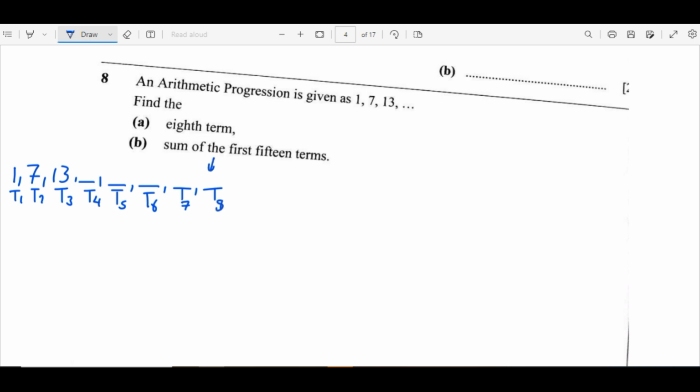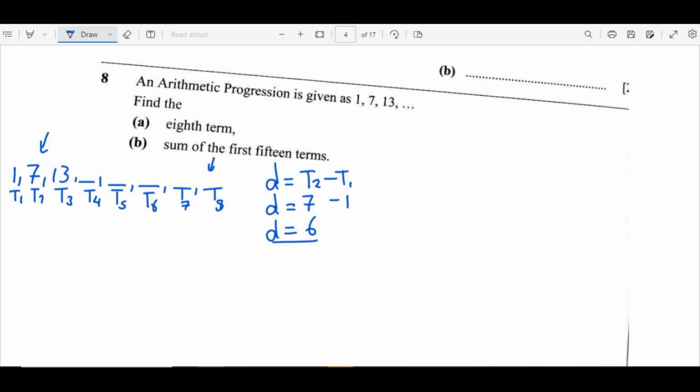We want the number that is in this position. For us to find this number, we need to find the common difference. Common difference is given by second term minus first term, or third term minus second term. Second term 7 minus first term 1, 7 minus 1 is 6. So it means they were adding 6 to each term to form the next term.